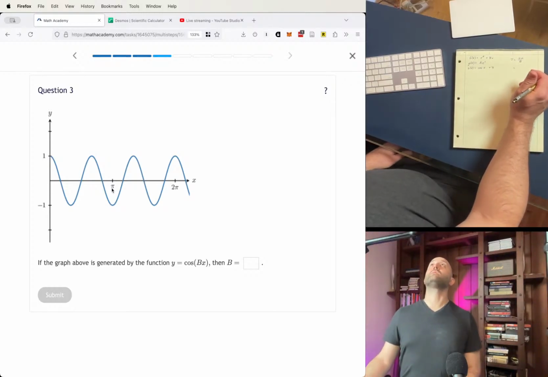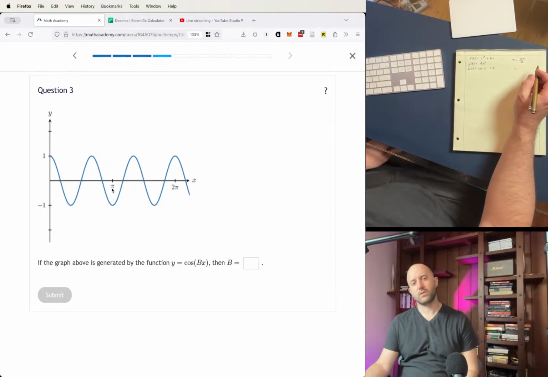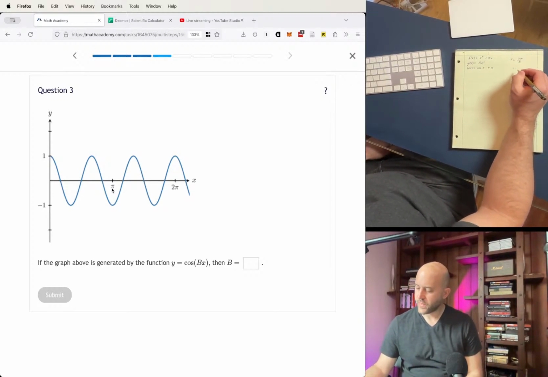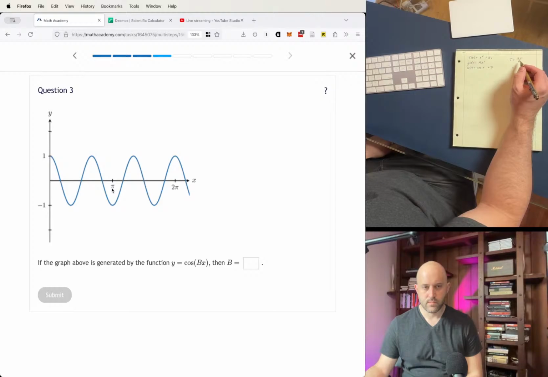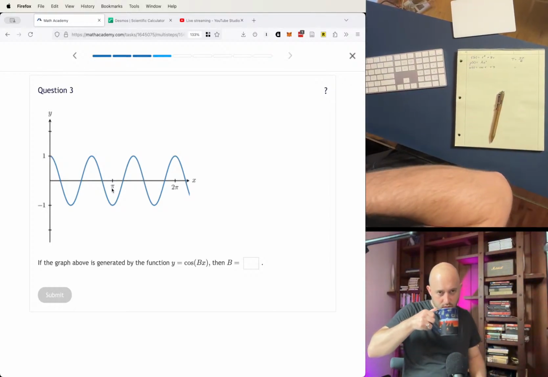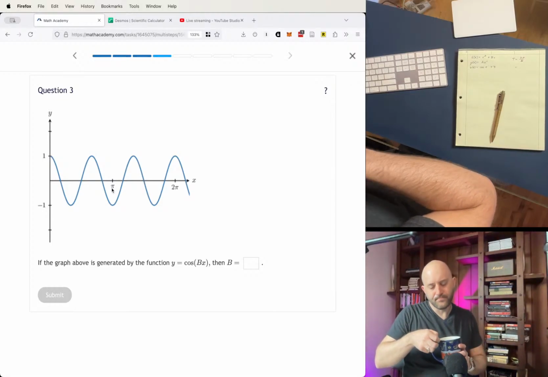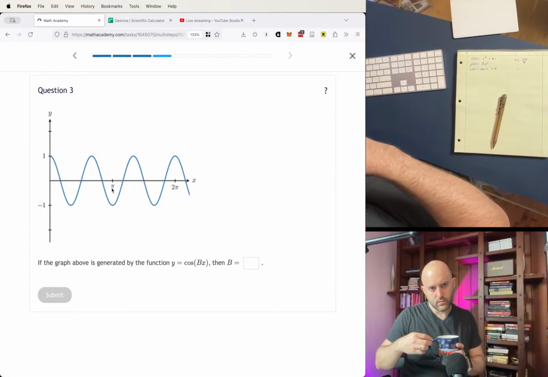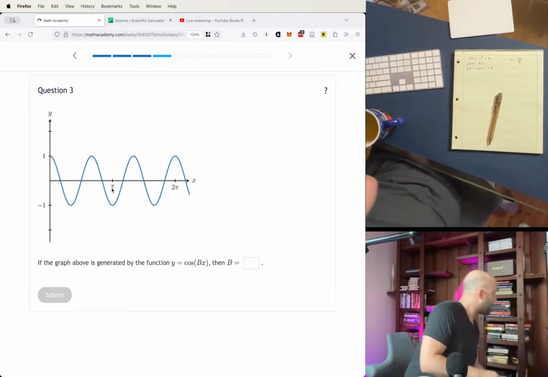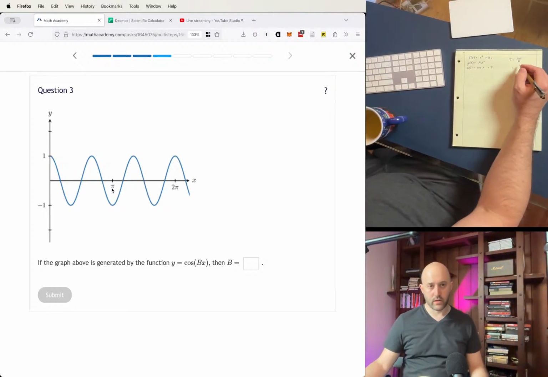Come on, Jonathan, think through this. 1.5 times. It's usually 2 pi to go all the way around, and now it's, this is the stuff where it needs some time to be smarter. Okay, let's try the other way around. Maybe let's just write it down and see if it's right.